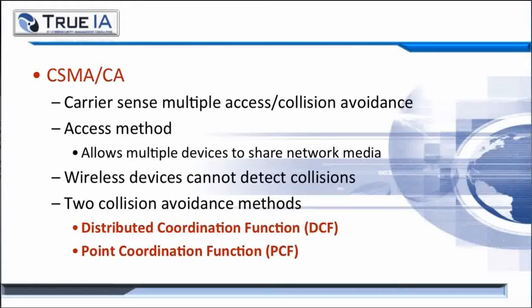Wired networks use collision detection, where wireless networks use collision avoidance, because wireless devices can't detect collisions on the line because there is no line. It's air, it's space. So there are 2 collision avoidance methods: distributed coordination function and point coordination function.